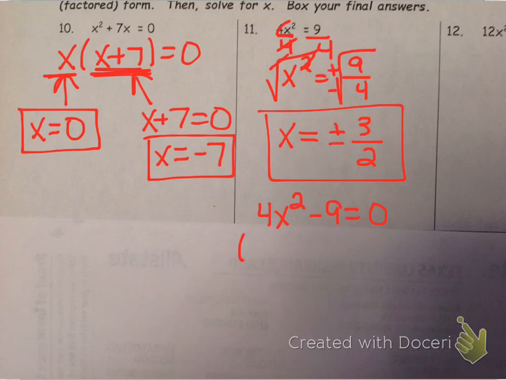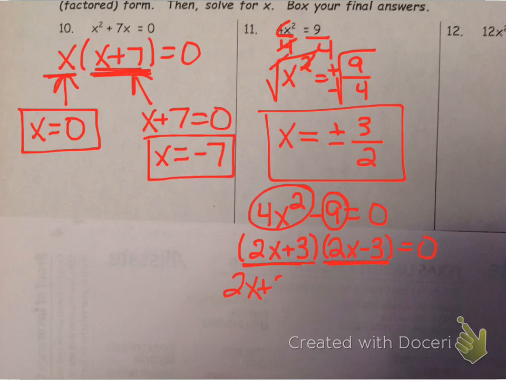So remember that when you're factoring a difference of 2 squares, you take the square root of the first term, so the square root of 4 is 2, the square root of x squared is x, and then you take the square root of the second term, which is 3, and then just one of them gets a plus and one of them gets a minus. And so this is my first factor, and this is my second factor, and they're multiplied together to equal 0.